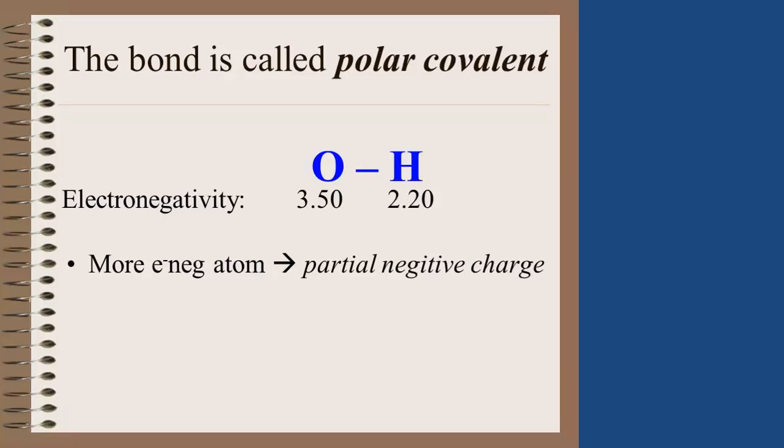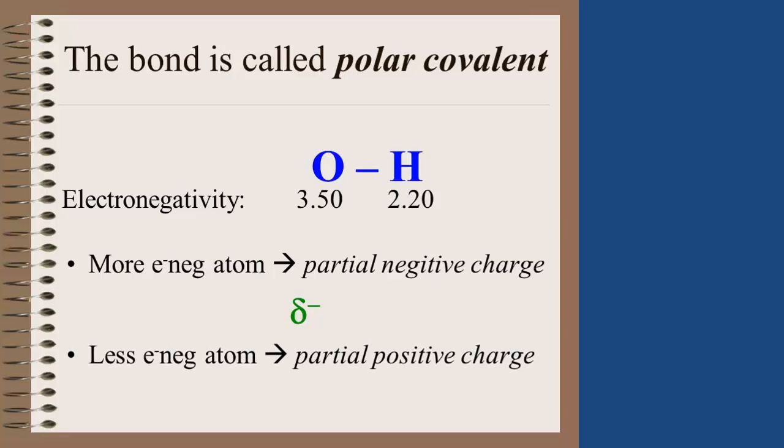And so that end will seemingly have more of a negative charge to it. And it's not a full-blown negative charge because it hasn't totally removed the valence electron from hydrogen, so we refer to it as a partial negative charge. And we use the lowercase Greek letter delta to represent partial. So delta minus is our partial negative charge.